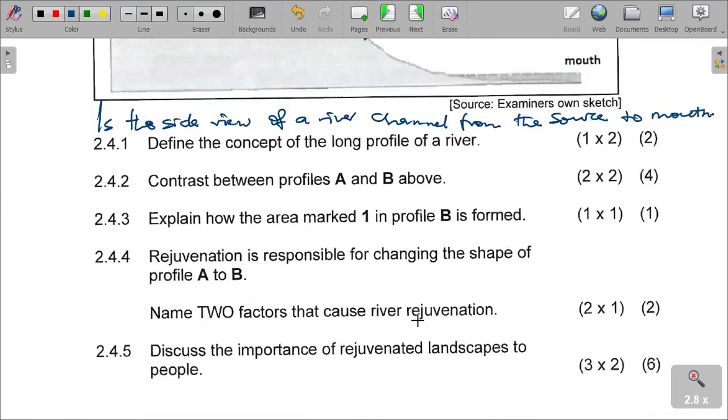And then 2.4.3. Explain how the area marked 1 in profile B is formed. It is just a nick point.